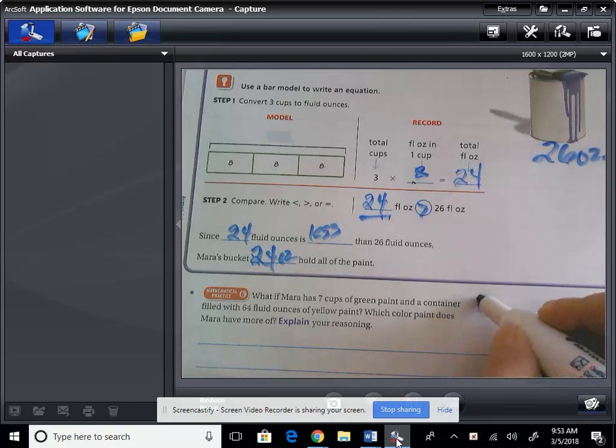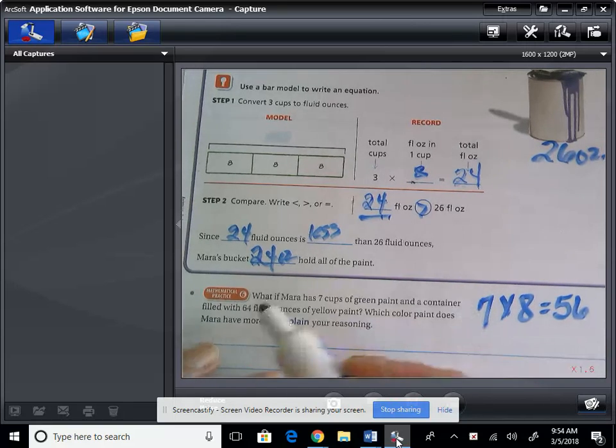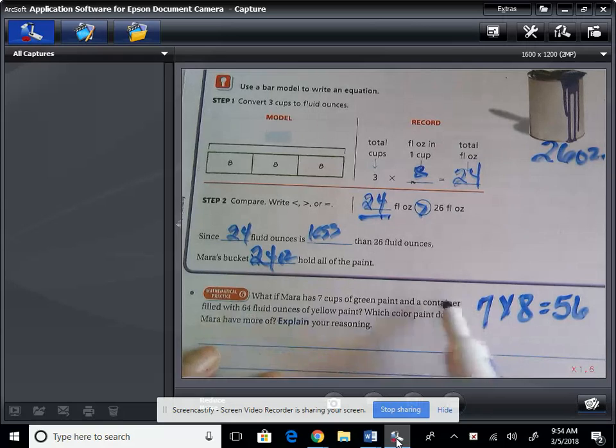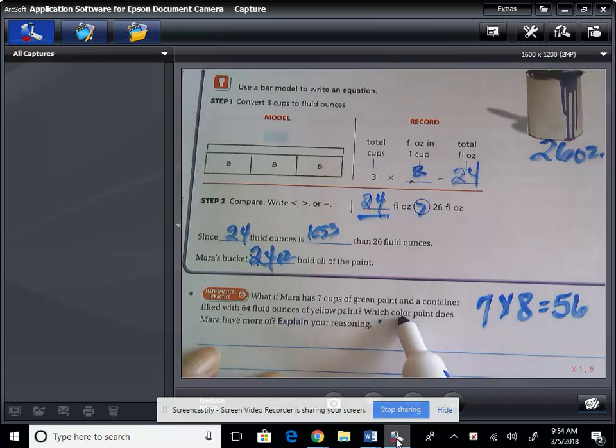All right. So what if Maria has 7 cups of green paint and the container holds 64 fluid ounces? So we're going to just do 7 times 8, and we get 56, and a container was filled with 64 ounces of yellow paint. Which color of paint does Maria have more of?